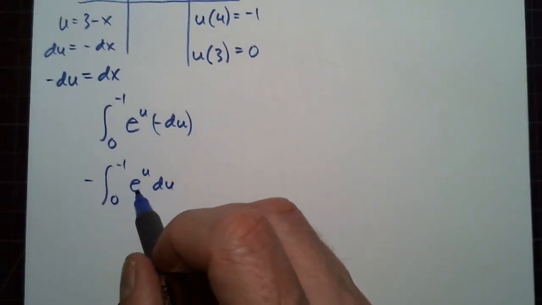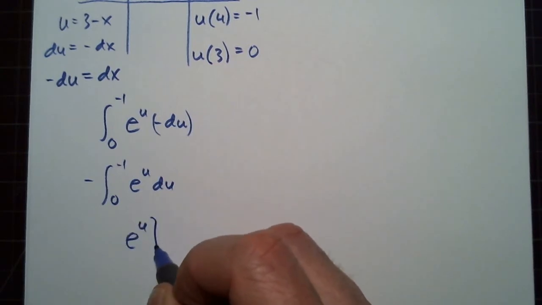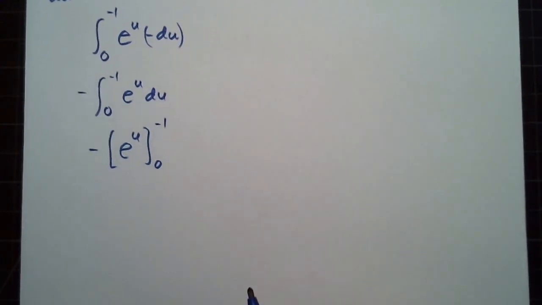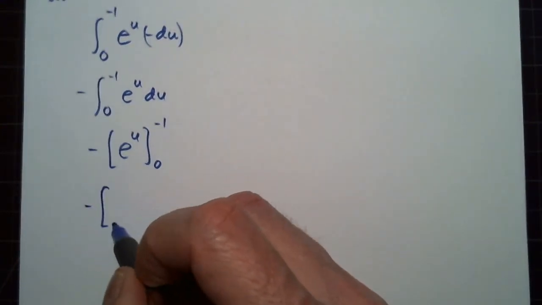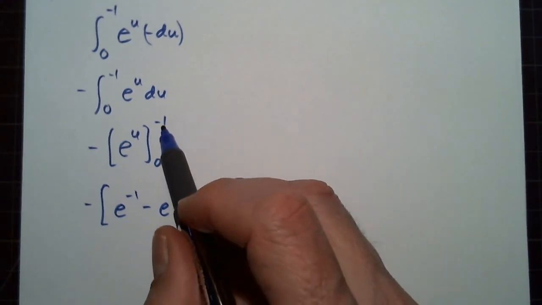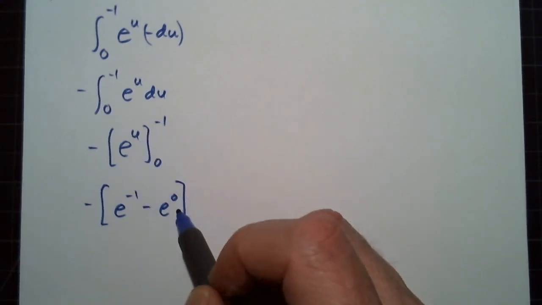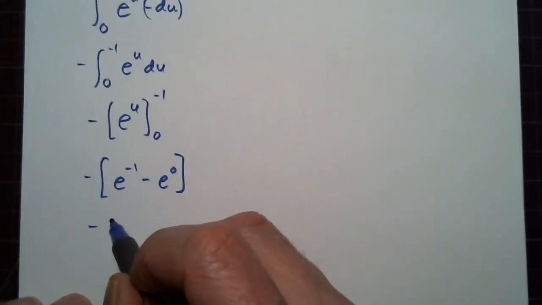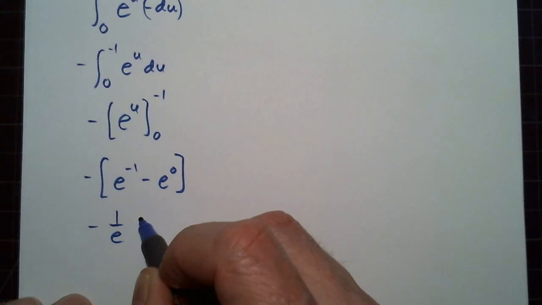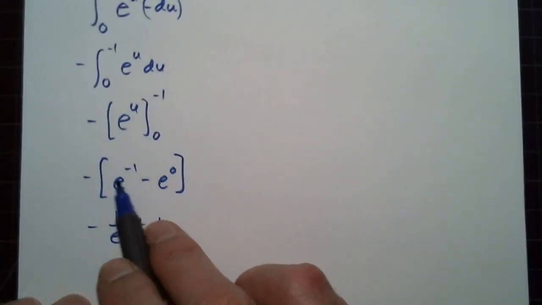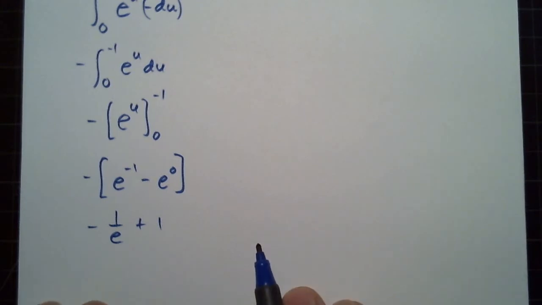The antiderivative of e to the u is e to the u. Let's go e to the -1 minus e to the 0. Substitute the -1, substitute the 0, and we have -1 over e plus 1. E to the 0 is 1, negative is a positive.